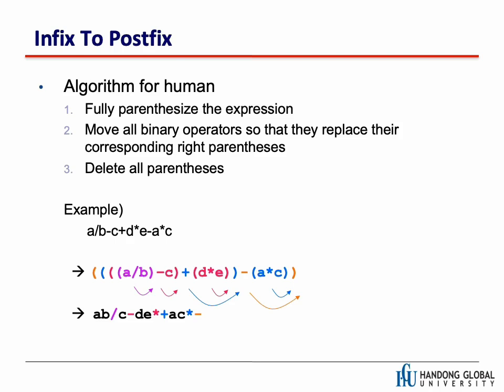And then delete all the parentheses, so that we get A B / C minus D E star plus A C star minus. That's how we get this postfix expression.